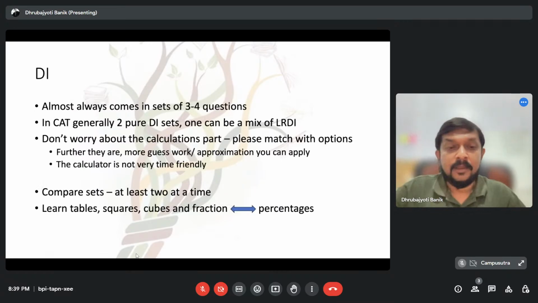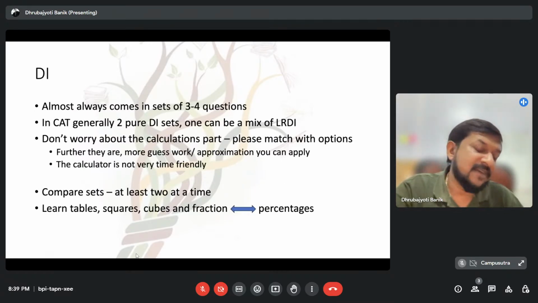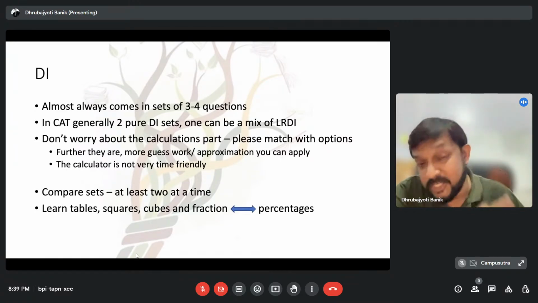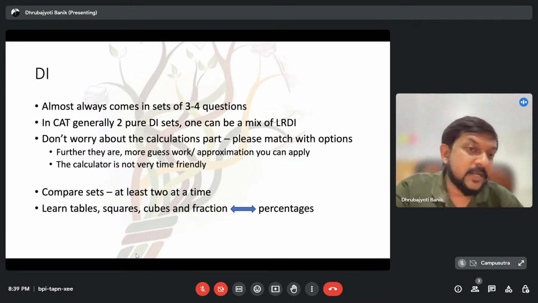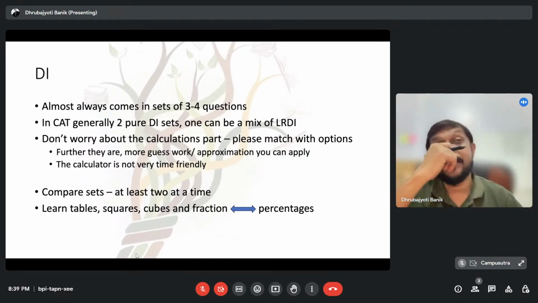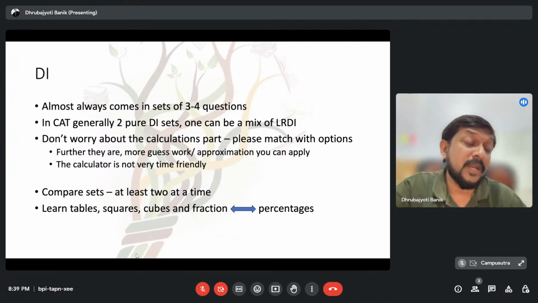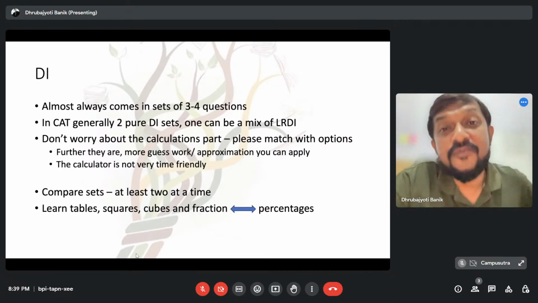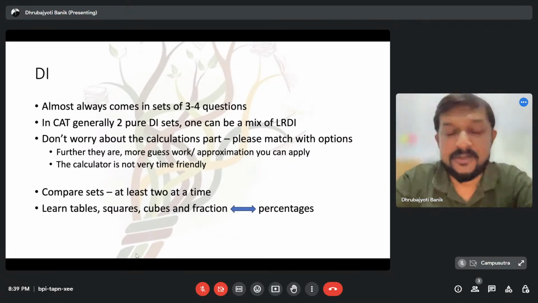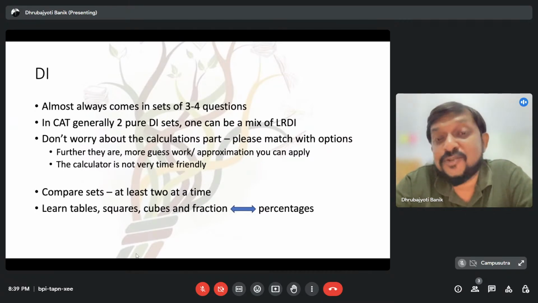Okay. So far as DI is concerned, here we have already covered the logical reasoning part of the DILR section. So I'll purely talk about the data interpretation part. In the data interpretation part, when I talk about data interpretation, I mean those questions which require a fair amount of calculations. Okay, calculation is a dreaded part in business school entrance exams.